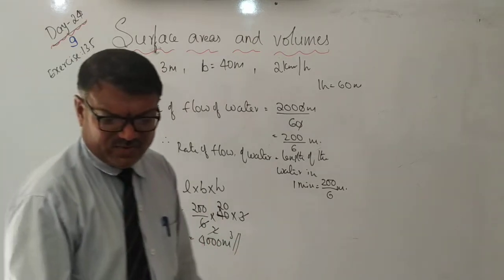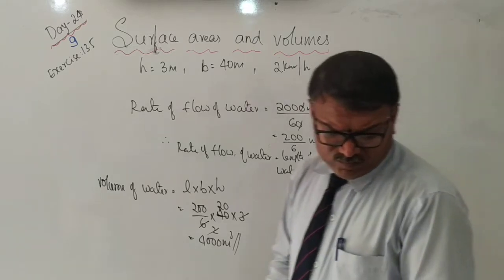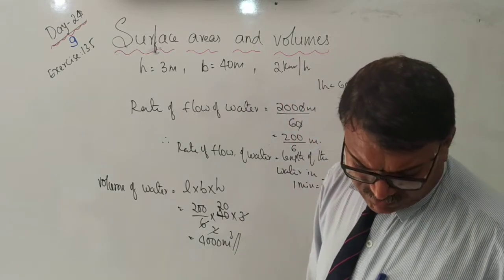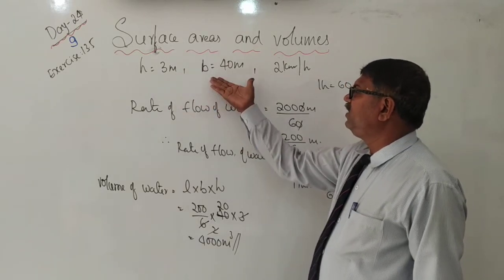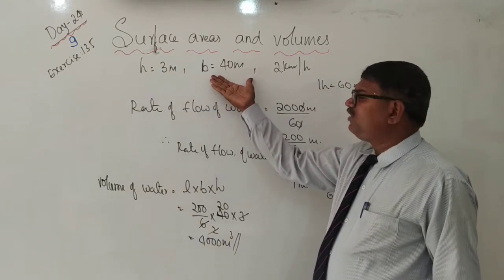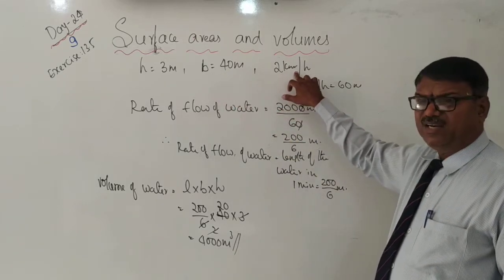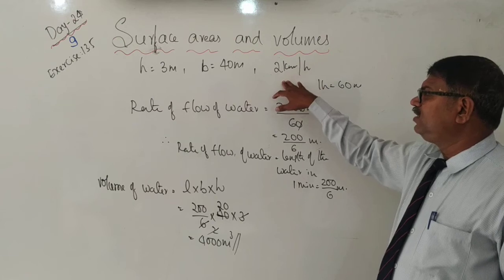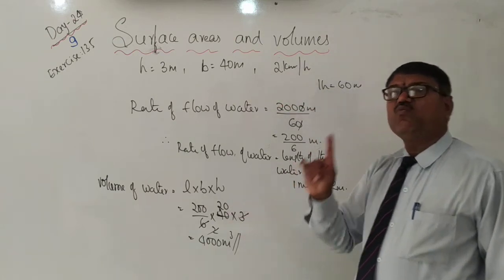One more time, you see, a very simple problem. A river is 3 meters deep and the width of the river is 40 meters. The flow of water in 1 hour is 2 kilometers. We should find out the volume of the water for 1 minute.